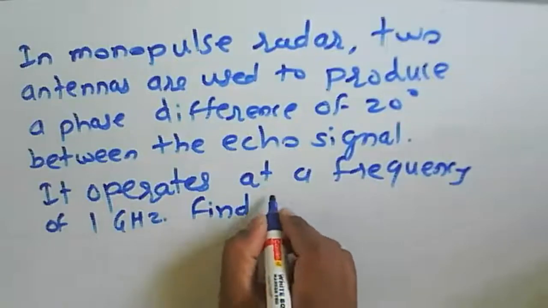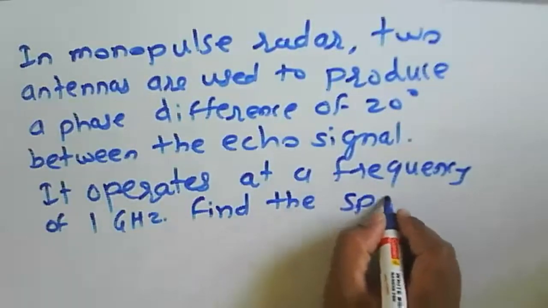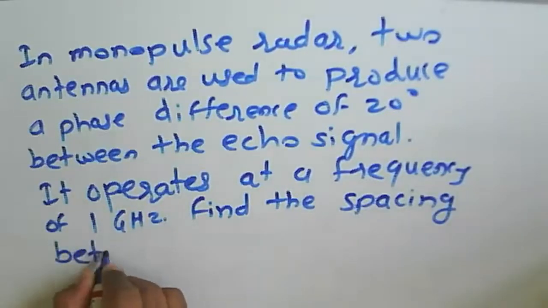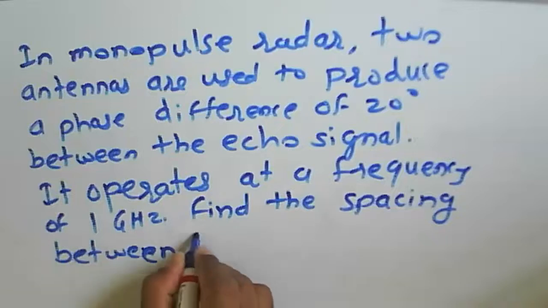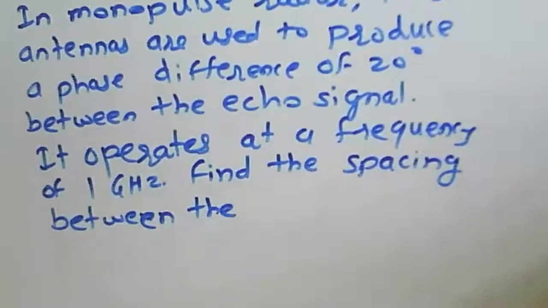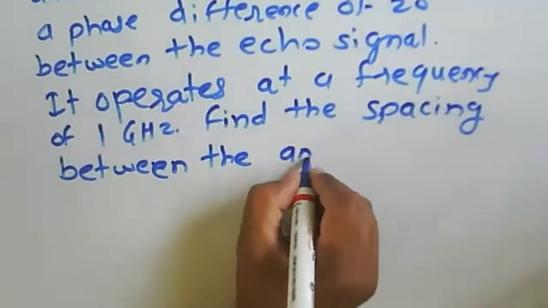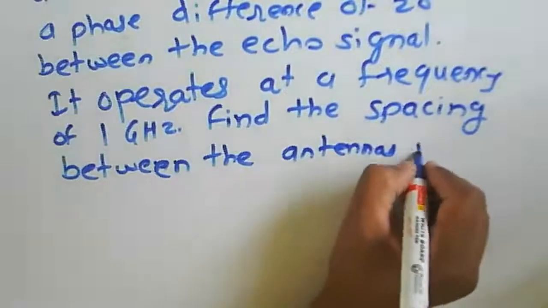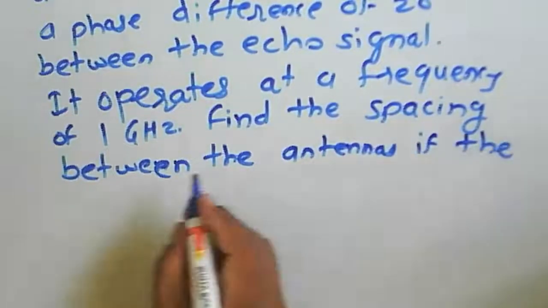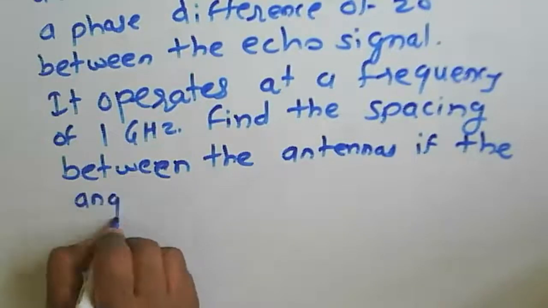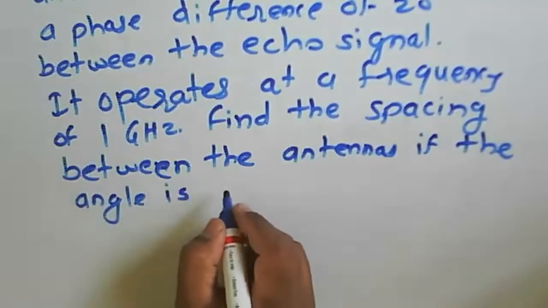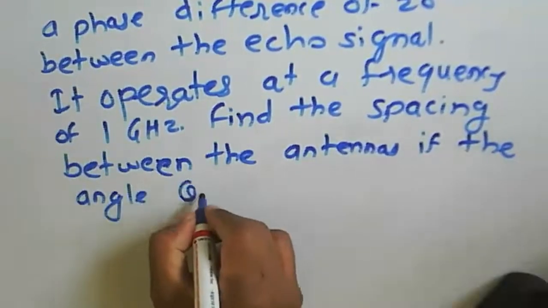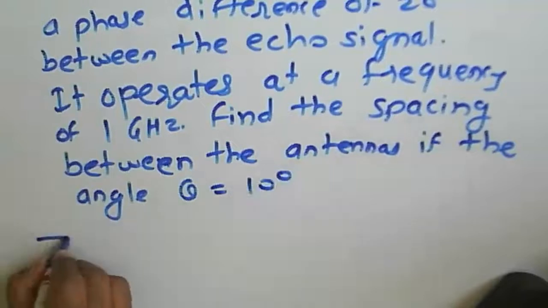Find the spacing between the antennas if the angle theta is equal to 10 degrees.